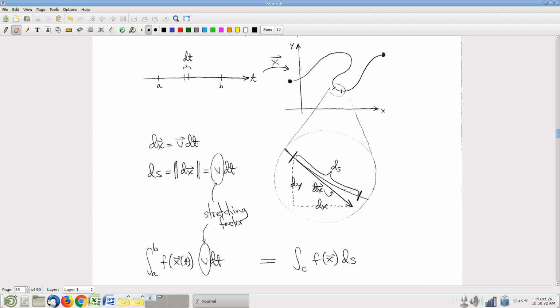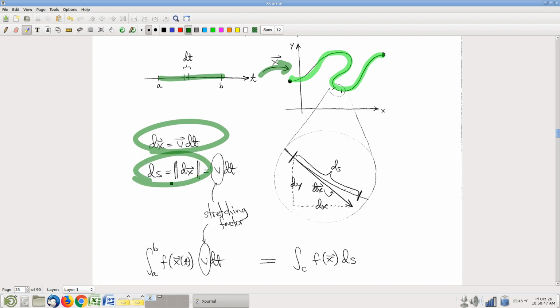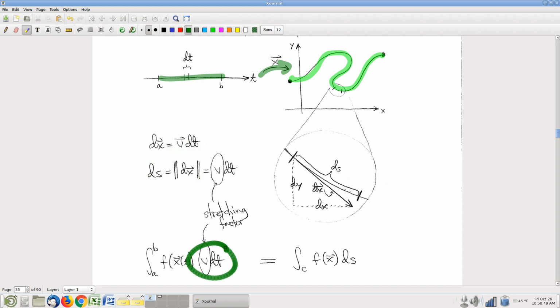If you have parametrized a piece of curve, viewing it as the image of an interval on the t-axis, then here's your development of stuff. We have this, dx is v dt, and ds is the magnitude of dx, and grand total then ds is stretching factor times dt, and the stretching factor is speed. We already did all that. We don't have to do it again, right?